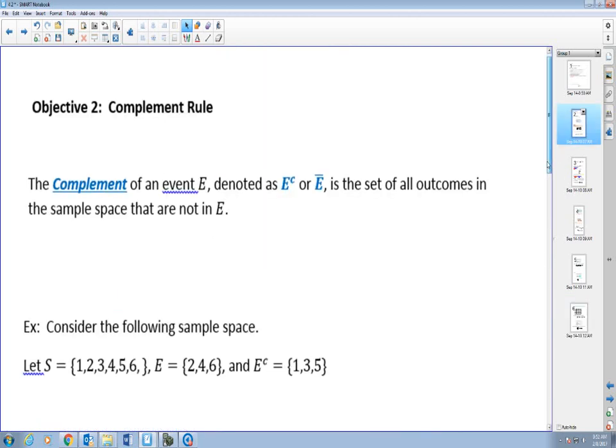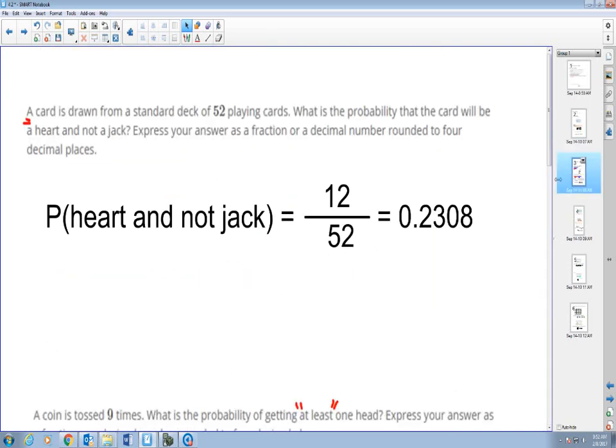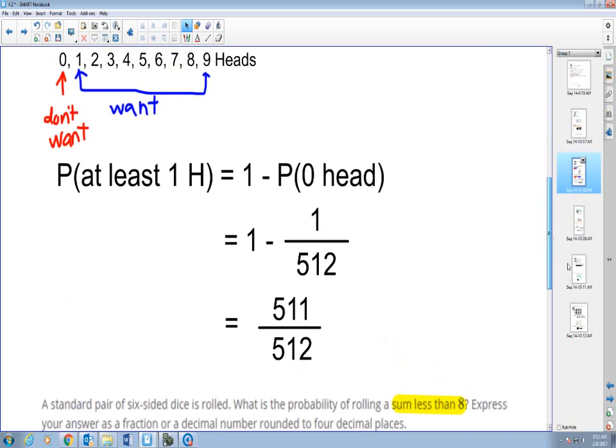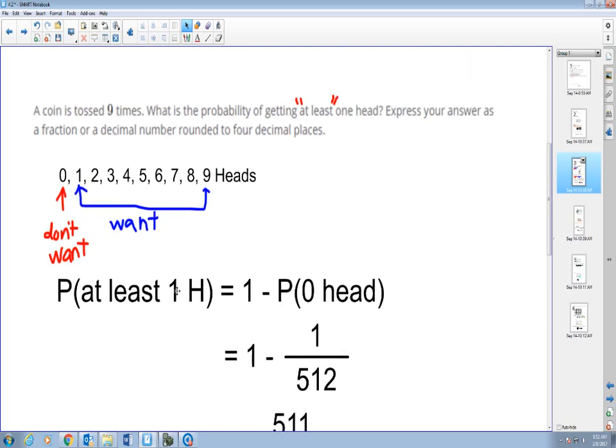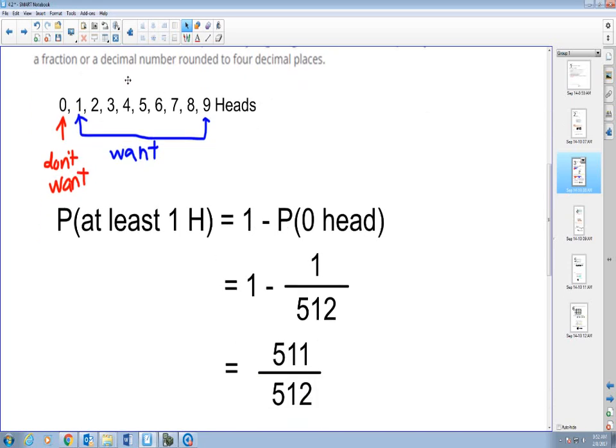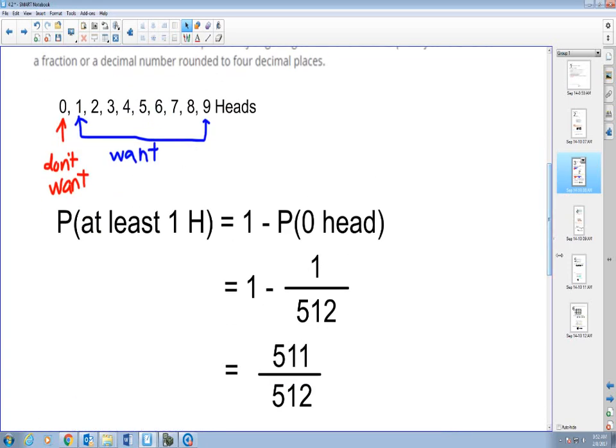The complement rule is very, very powerful. Rather than figure out what you want directly, we can figure out what we don't want, and then take 100% minus what I don't want, and that will give me what I wanted. A very powerful technique called the complement rule. That will conclude this lecture video.